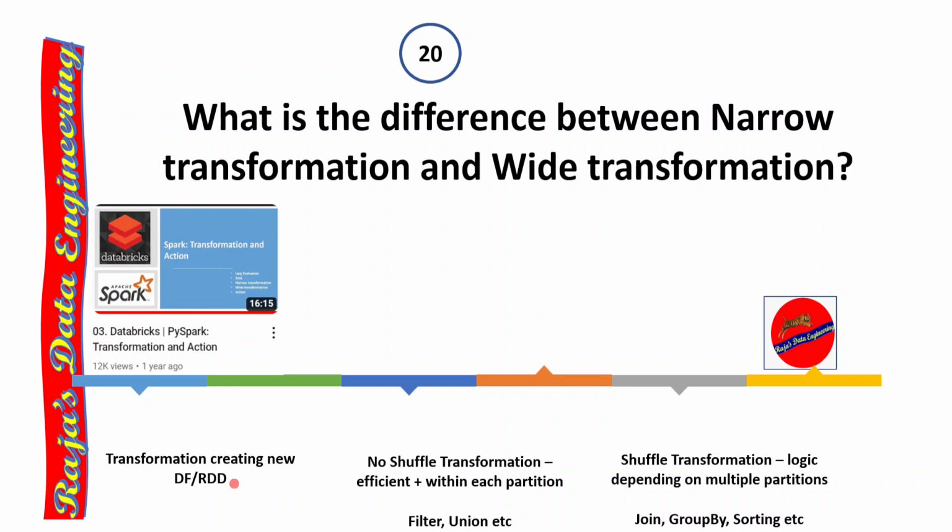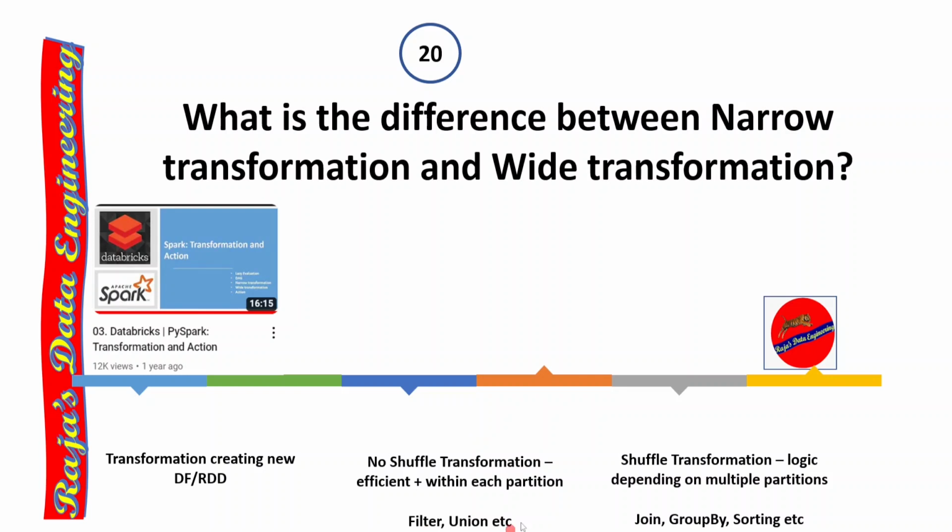And coming to narrow transformation, there is no shuffle needed. In order to apply certain logic, all the required data is available within each partition. So one particular calculation is not depending on multiple partitions. So there is no partition dependency. As a result, it will perform better. The examples are filter, union.